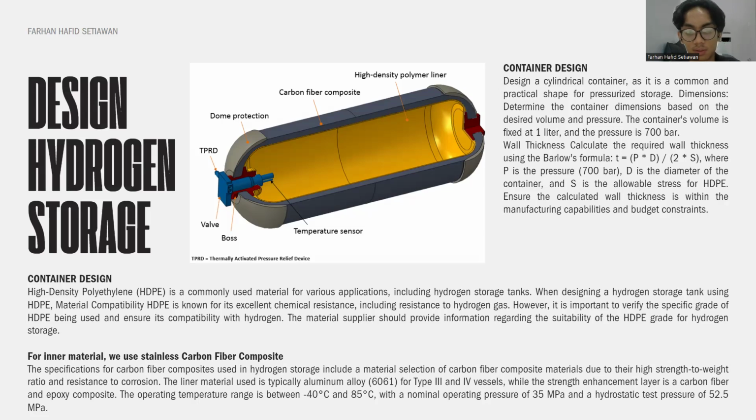For the inner material, we use carbon fiber composite. The specification for the carbon composite used in hydrogen storage includes a material selection of carbon fiber composite materials for their high strength-to-weight ratio and resistance to corrosion. The liner material used is typically aluminum alloy 6061 for type 3 and 4 vessels, while the strain enhancement layer is carbon fiber and epoxy composite.